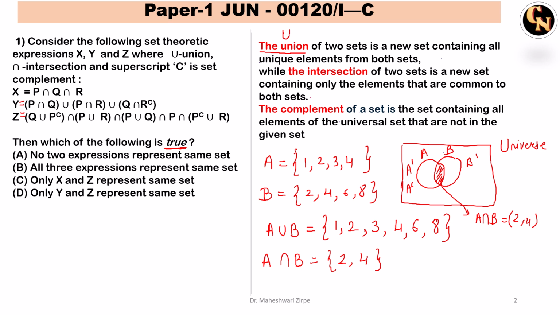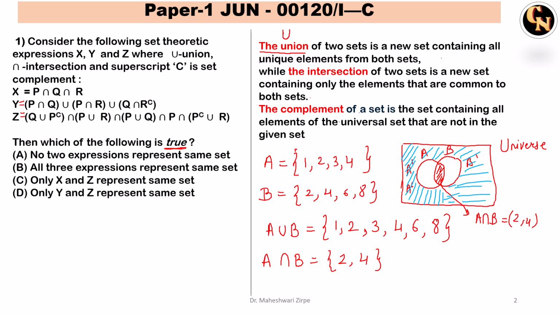Let me take blue color. So this is what will represent your complementary set, which are other than A. Similarly, B, other than B. All these elements which are present here. So I think this is clear about the basic theory of what is union, intersection, and complementary.